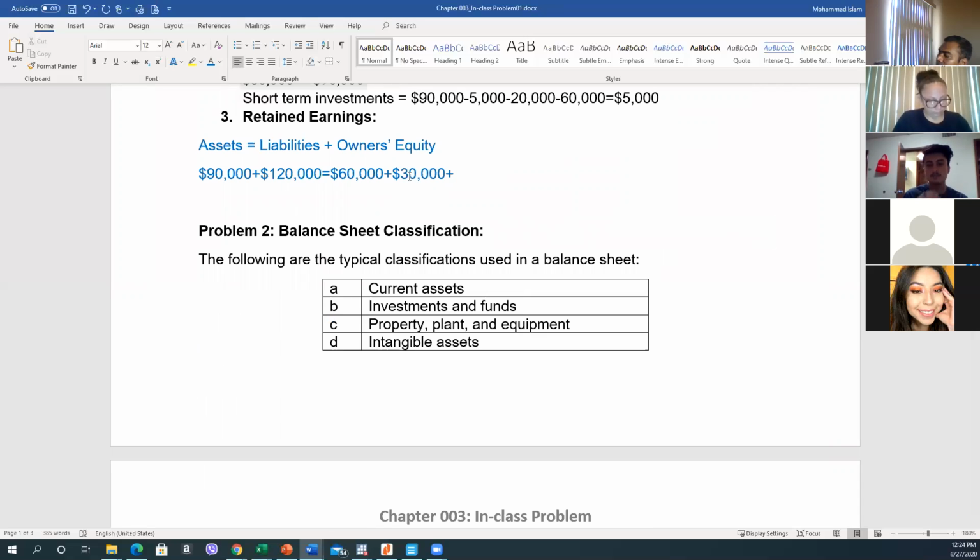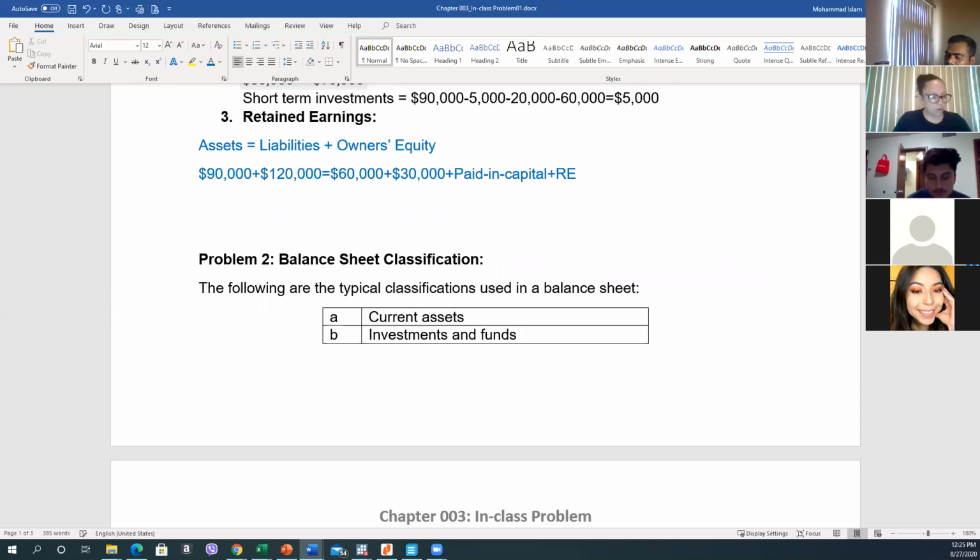So this one plus this one, plus the owner's equity, which has 2 parts, correct? The first one is paid in capital, plus retained earnings. Now let's solve the equation.